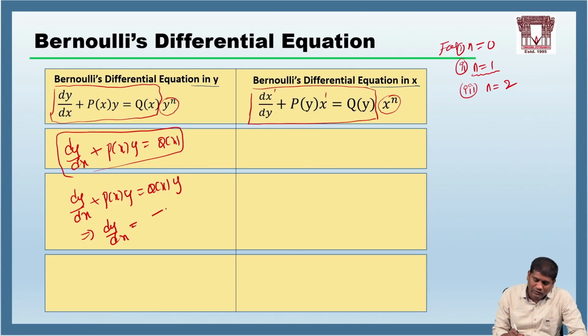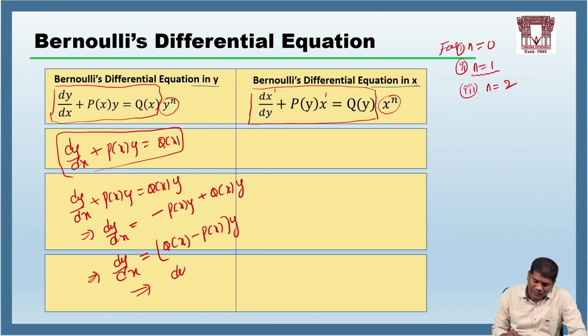Then dy by dx is equal to q of x minus p of x, whole into y, where y is common.